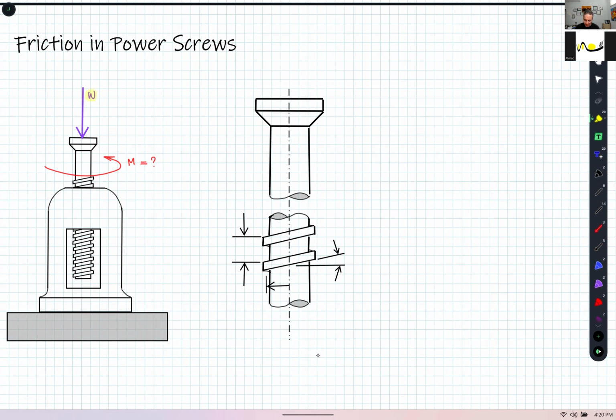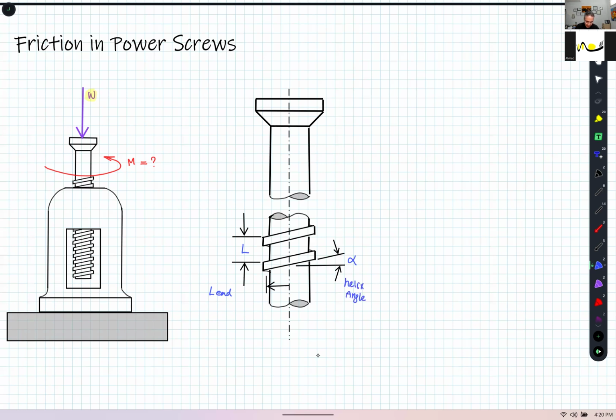For that, I need to know some information about this screw. First, I need to know the value of L, which we call the lead. It means the amount that the screw advances in one revolution. Also, I need to know the helix angle, alpha.